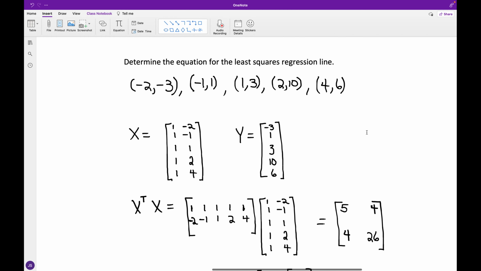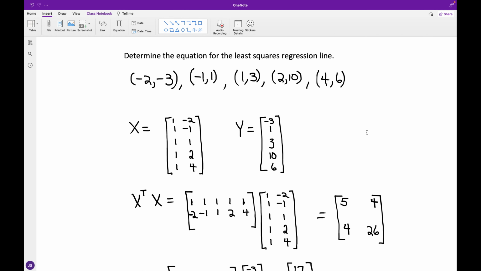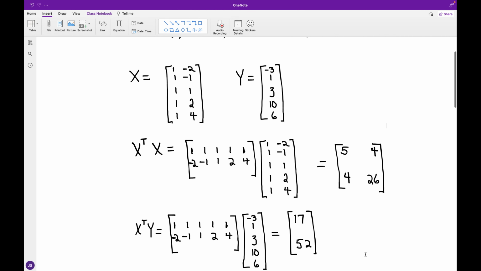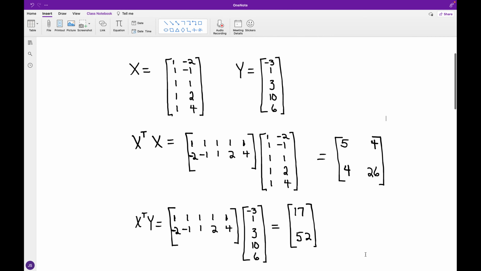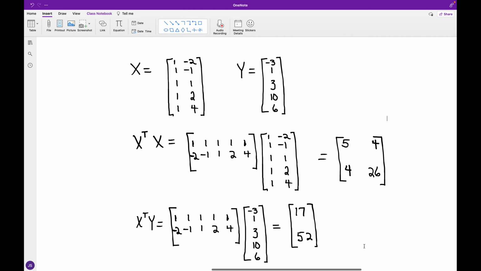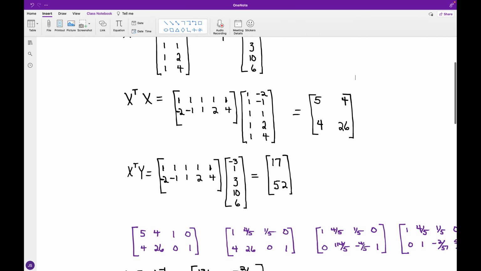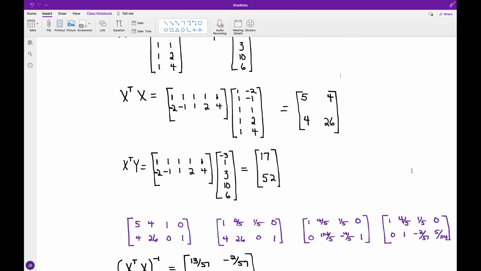And going through the procedure, if I take the transpose of X times X, I come out to 5, 4, 4, and 26. And then for the product of the transpose of X times matrix Y, I'm going to come out to 17 and 52.